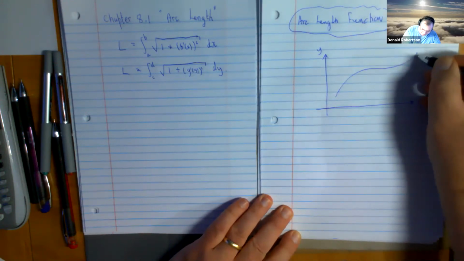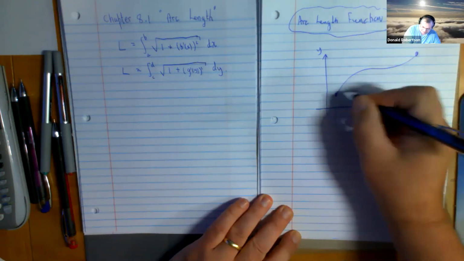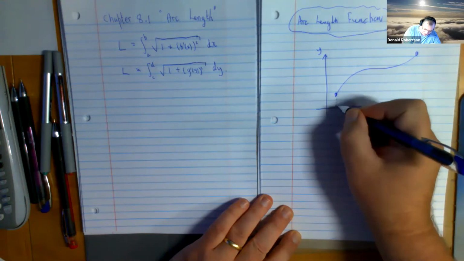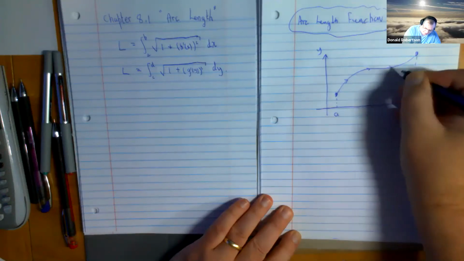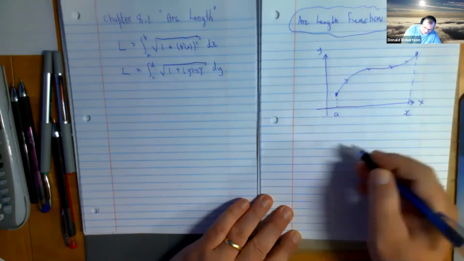Suppose you have a function from here to here. And this guy here is a, but this guy here is x. And you're trying to find the length of the curve from a to x.